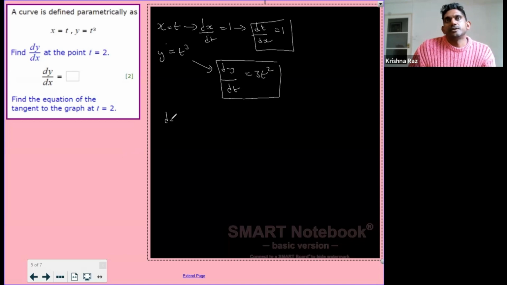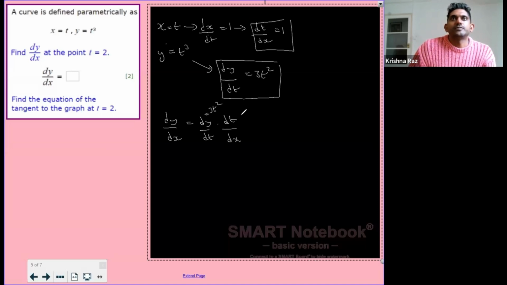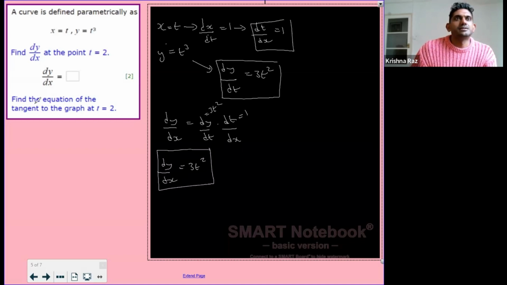So the chain rule is dy by dx equals dy by dt times dt by dx. So I've got 3t squared times by 1. So dy by dx equals 3t squared. But we're given the parameter t equals 2. So I can figure out the gradient of the tangent.